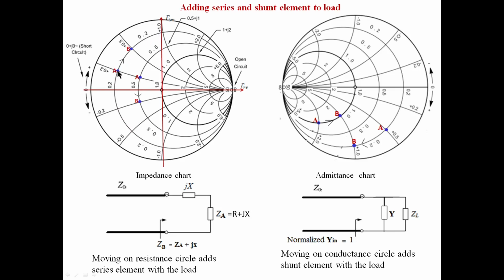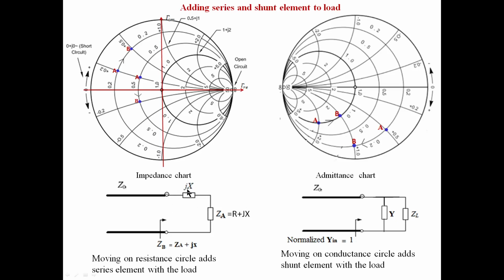If you move over the resistance circle, this is a constant resistance circle, we can call it 0.2 resistance value. If you move in the clockwise direction, reactance increases. A positive value of reactance will be added if you move in the clockwise direction. That adds a series element like this.